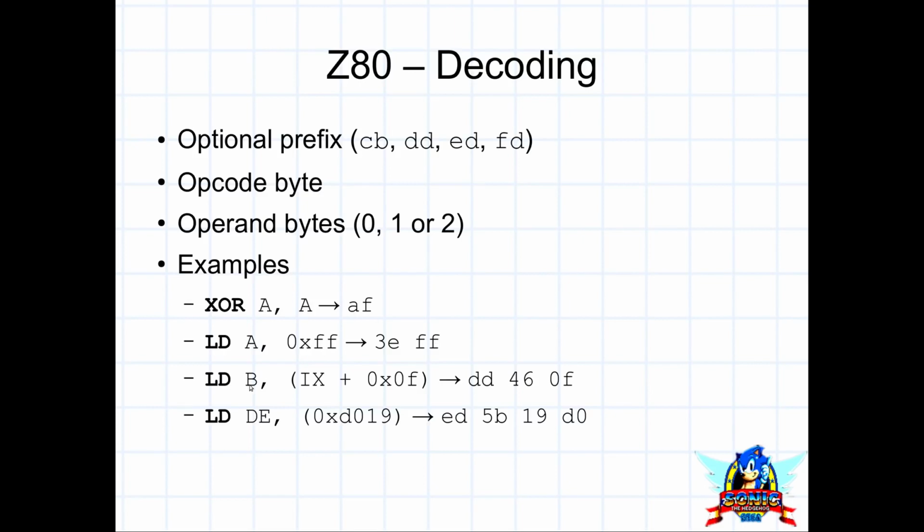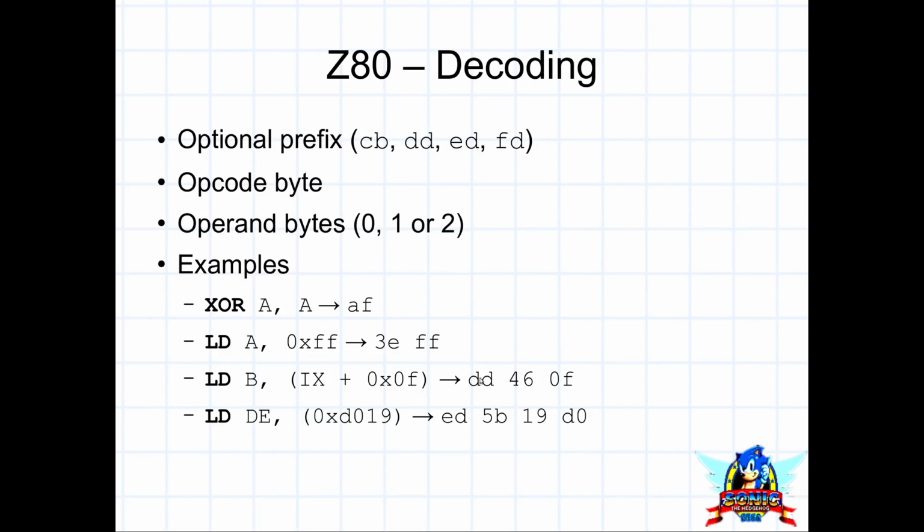Down here, we're loading B with the contents of an index register plus 15. This is one of those examples where there is a prefix byte. This prefix byte DD says, in the following instruction, any references to HL should be interpreted as being IX. So if we were to just look at 460F, that would be load B with HL plus 0F.